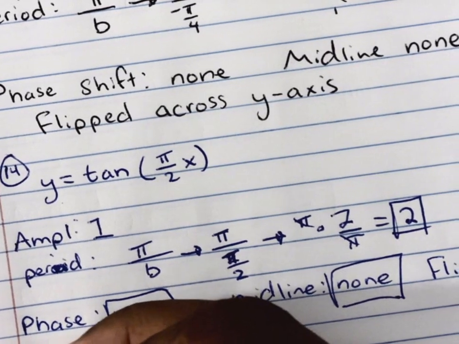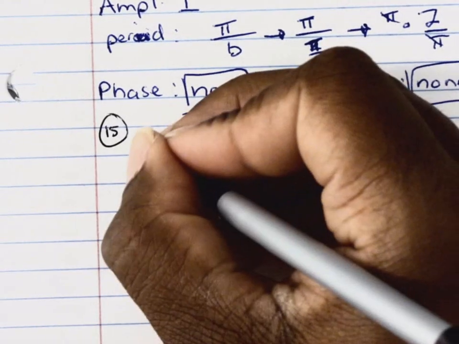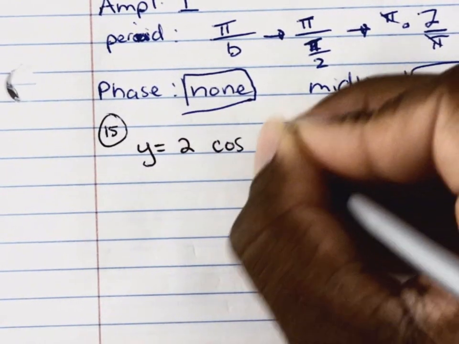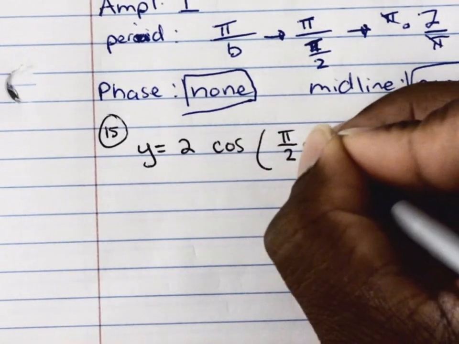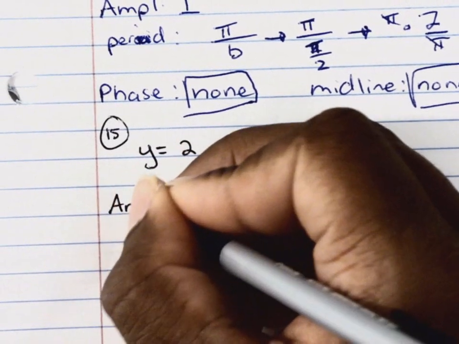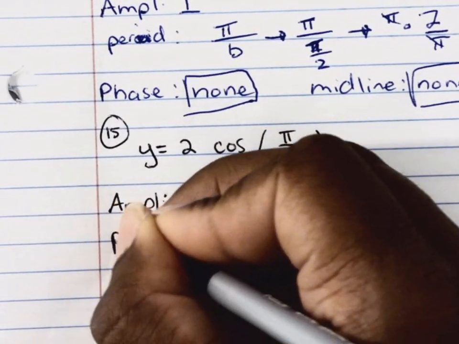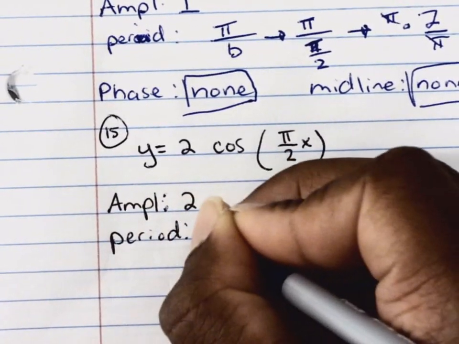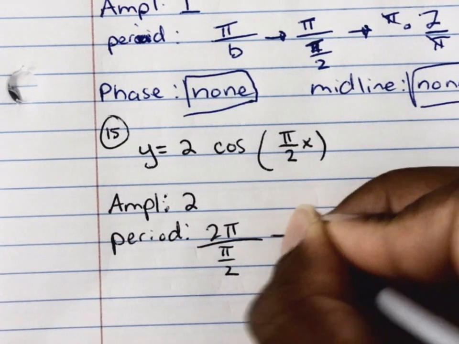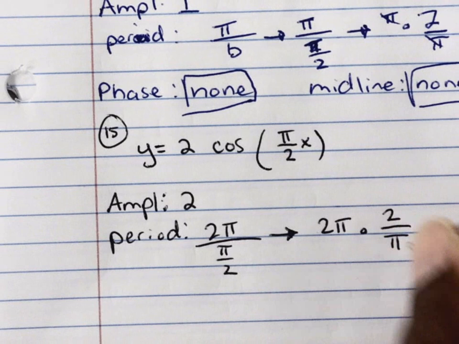All right, 15. Y equals 2 cosine pi over 2x. Amplitude, lead number is 2. Period, 2 pi over b, where b is pi over 2. Keep 2 pi, multiply by 2 over pi.